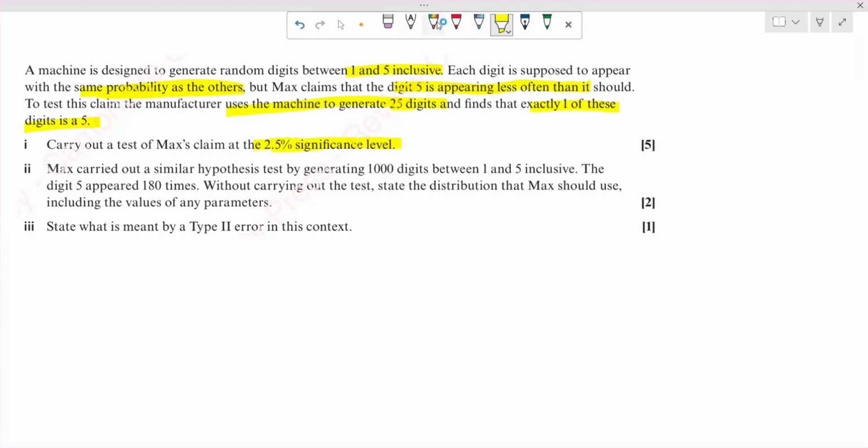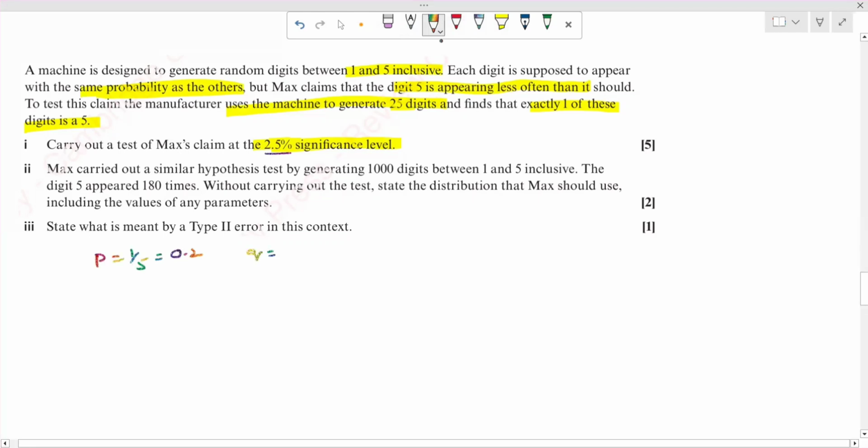Okay, first let me see the first part. We have to test the claim at 2.5% significance level. So what I am doing over here: p value will be 1 out of 5, which is 1 by 5, that is 0.2.